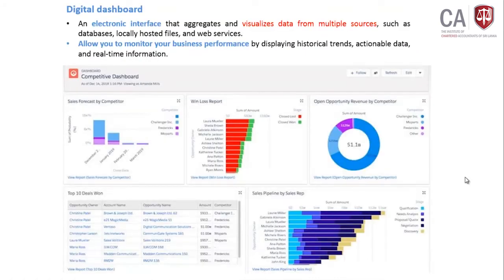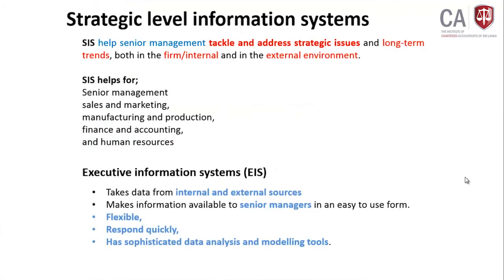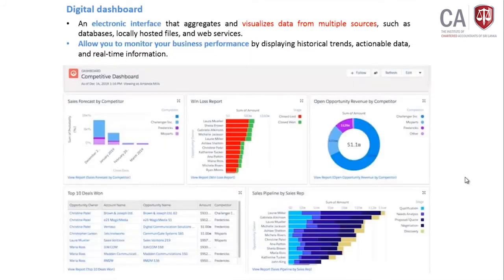In the executive information system, there is a dashboard, because it shows information in the dashboard. The dashboard gives the summarized information: the sales that you received during December, January, likewise, and also the loss report, and open opportunity revenue by competitor.